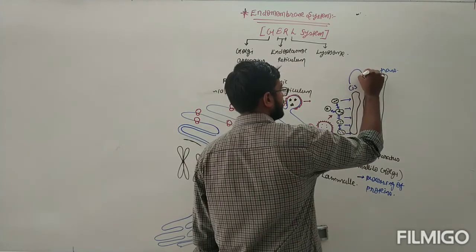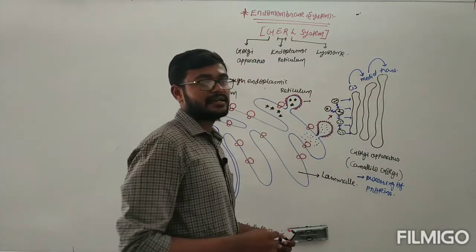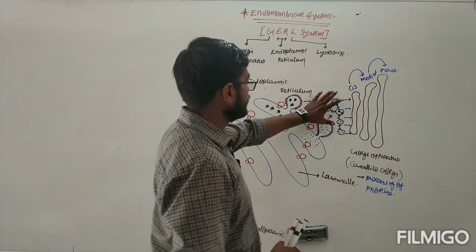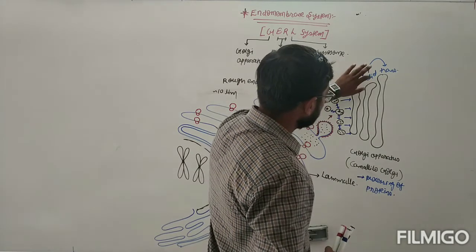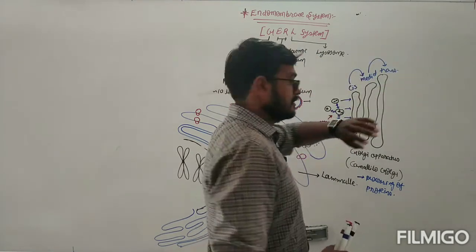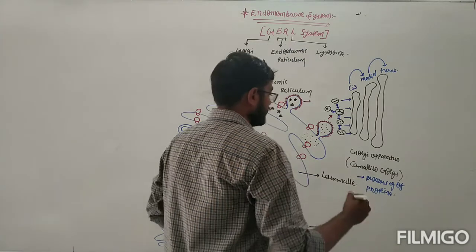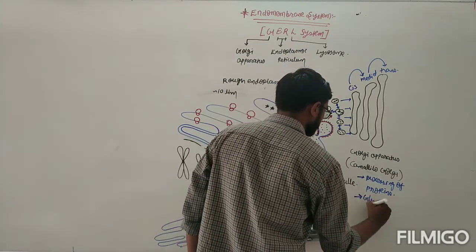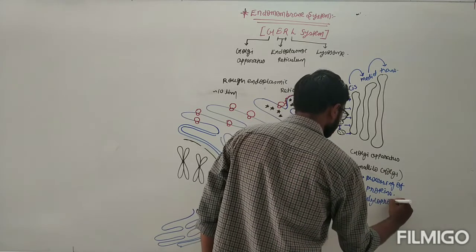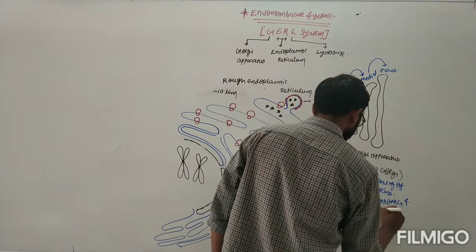Cis is going to convert into the medial, and medial is going to convert into the trans. As a molecule is transforming from cis to the medial and medial to the trans, the processing of the protein takes place, and the Golgi apparatus is important for the synthesis of glycoproteins and glycolipids.